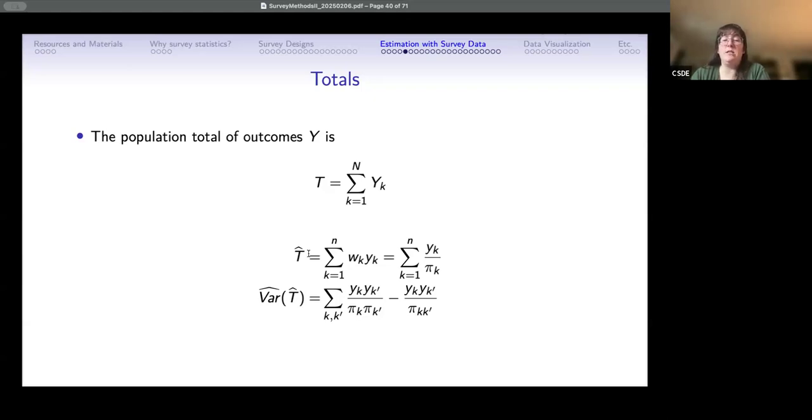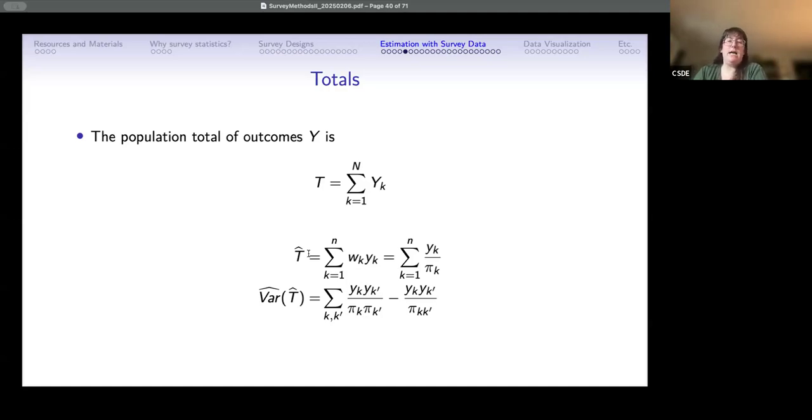We would sum over each pair of responses, k equals 1 to n, k prime equals 1 to n, of the product of their responses divided by the product of their individual probabilities of making it into the survey, minus the product of their responses over their joint probability.